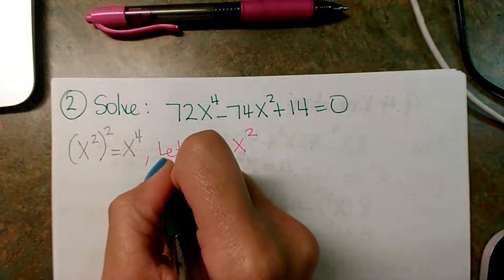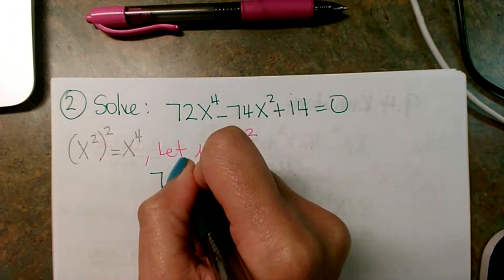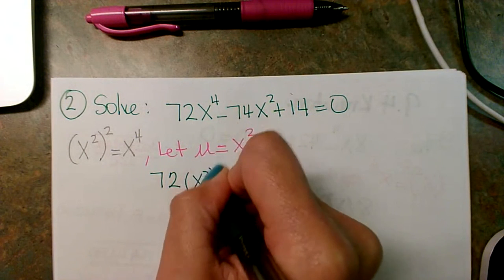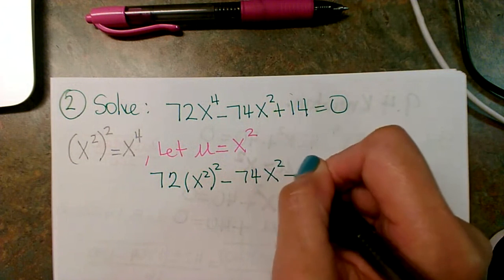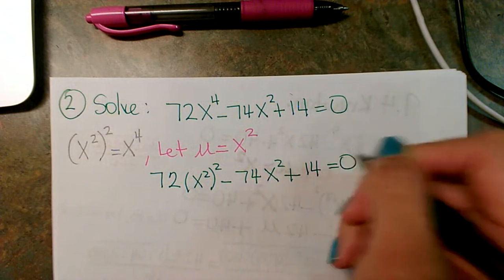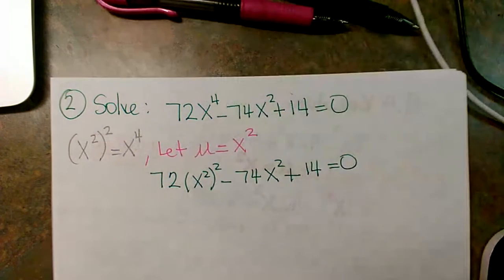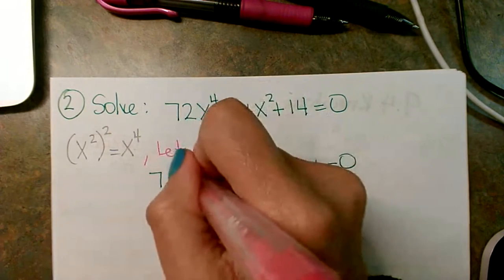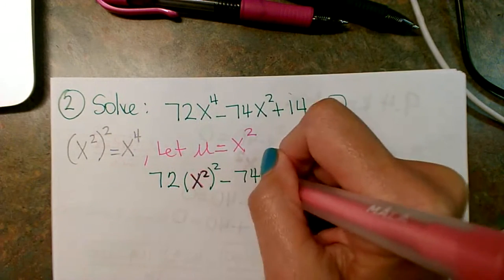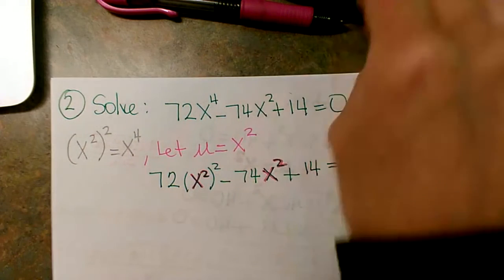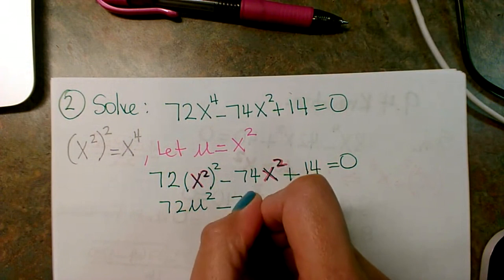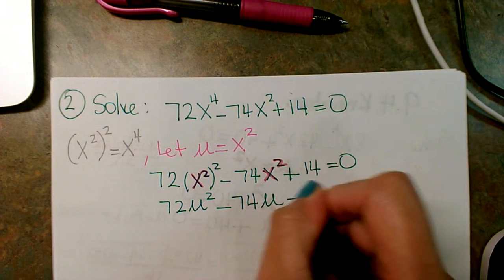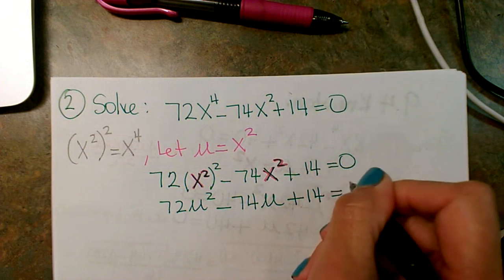So we're going to have 72, okay, so we're going to replace it. 72 u squared minus 74 u plus 14 equals 0.